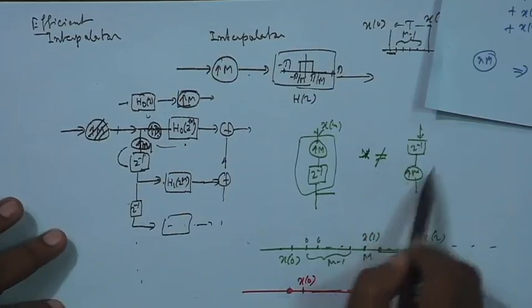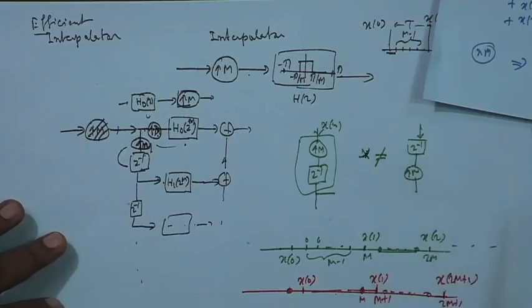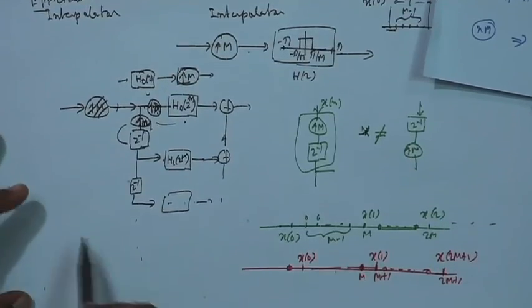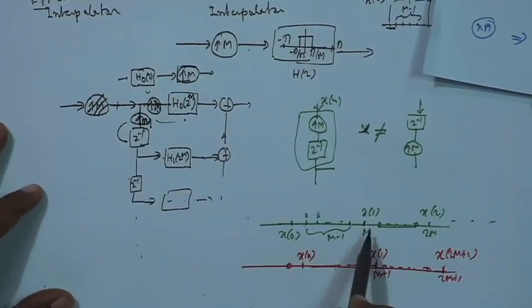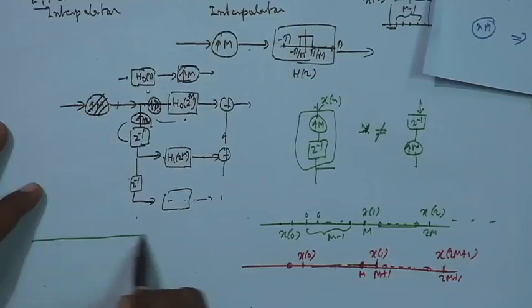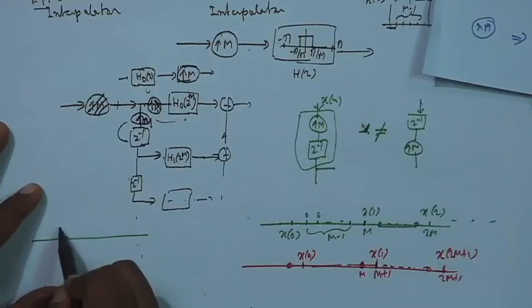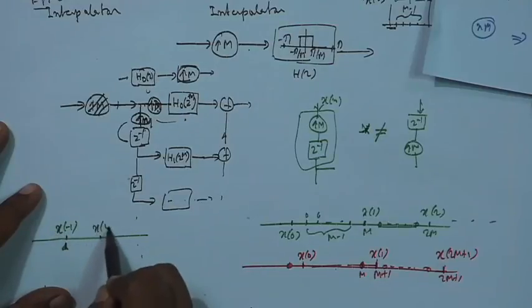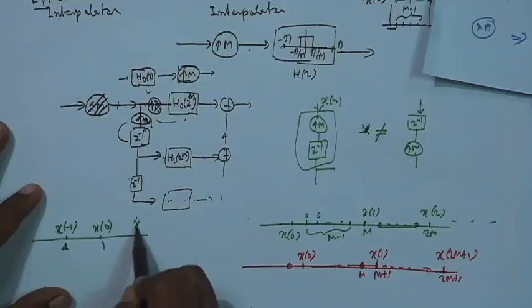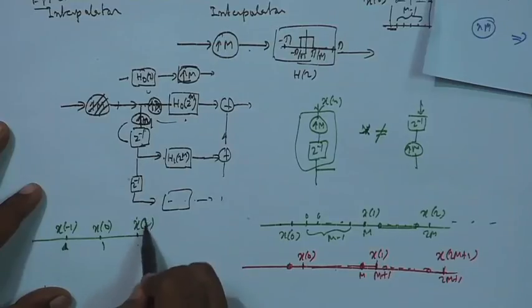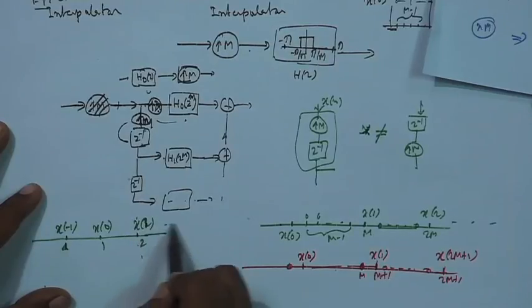On the other hand, here if I first delay and then expand, what will happen? If I first delay this, original x n is first delayed. So, you will have x minus 1 coming at origin, then x 0 sample number 1, then x 1 sample number 2, dot dot dot, okay, because delayed.